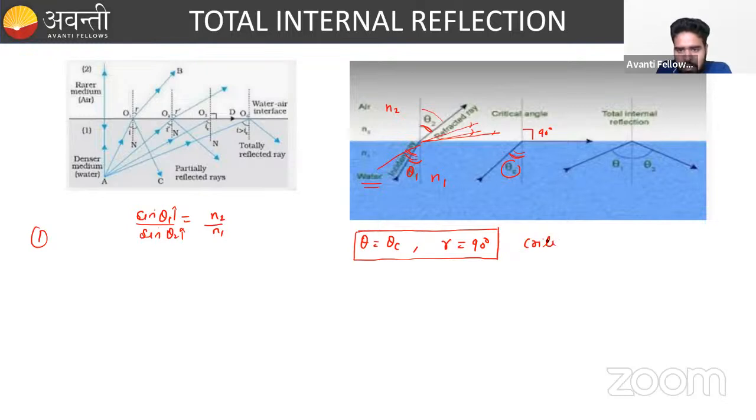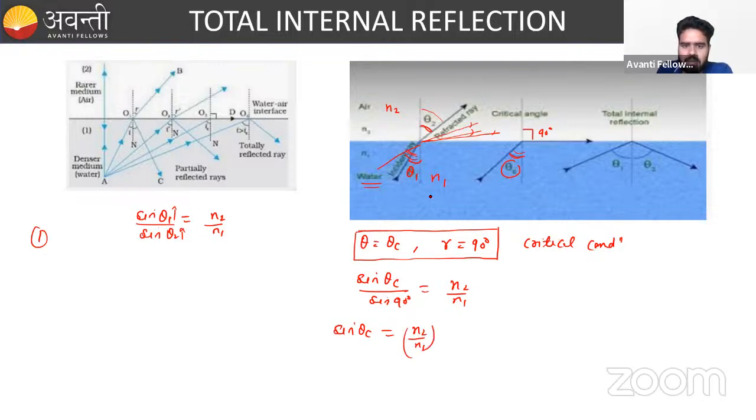In this condition, if you put this value in Snell's law, we get sine theta c upon sine theta 2, where in place of theta 2, or angle r, we put 90 degrees, and this becomes n2 upon n1. So sine theta c is nothing but n2 upon n1.